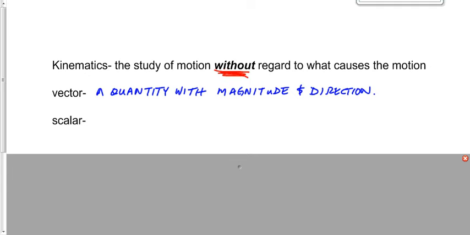A scalar is a quantity with only magnitude. Again, remember, magnitude means an amount. It has only an amount. Whereas a vector has an amount and a direction. Not how to do something direction, but north, south, up, down kind of direction.